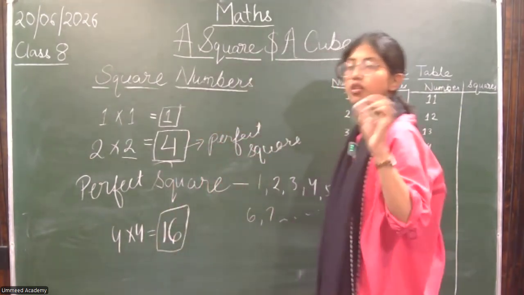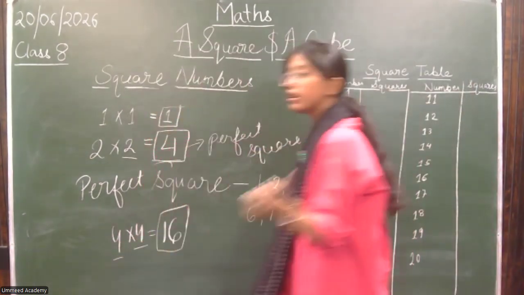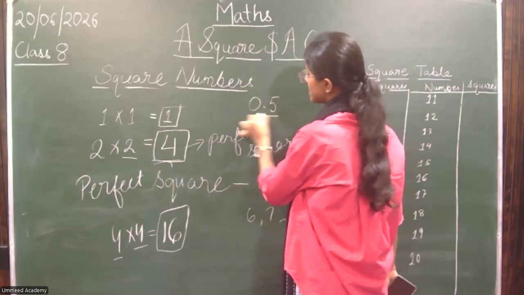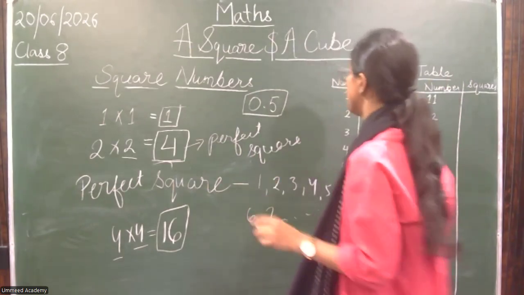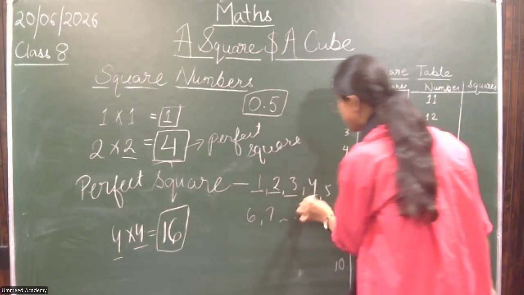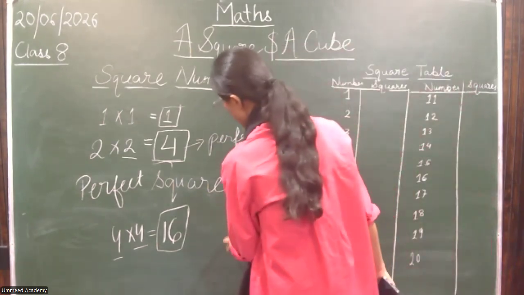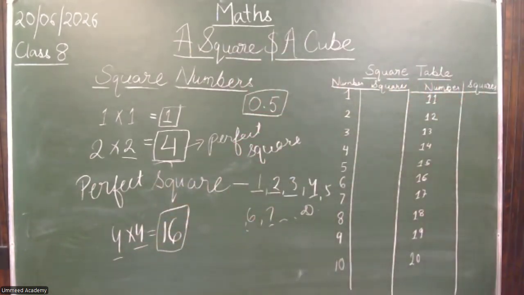So the squares of natural numbers. Tell me, does 0.5 count as a natural number? No, ma'am, it does not. Okay. So only the squares of these natural numbers extending till infinity can be called perfect squares.